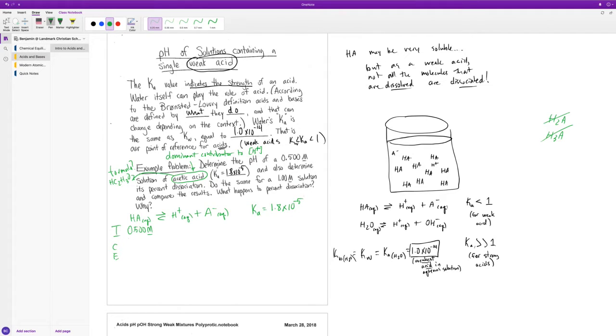Okay, it's much, much stronger of an acid than water. Okay, so we'll talk about that later. How do you know what the dominant contributor is? It's Ka. Even though it's small, it's much bigger than water's. So effectively, we can assume that pretty much all the H+ is going to come from this when it dissociates. So the initial concentrations of these guys are 0, definitely for A minus anyway.